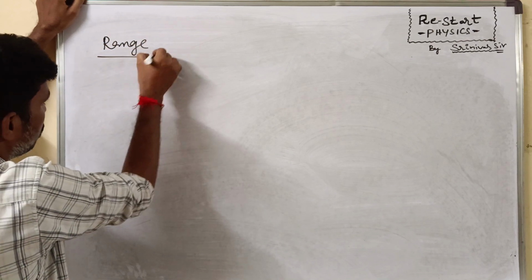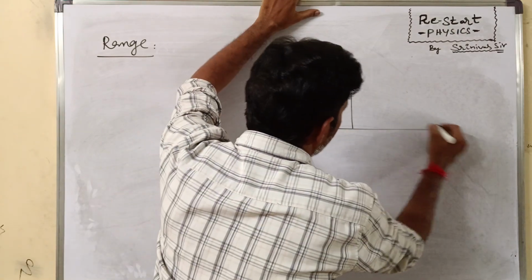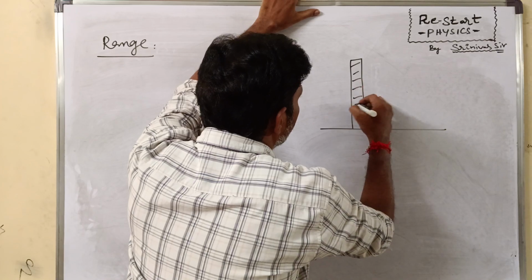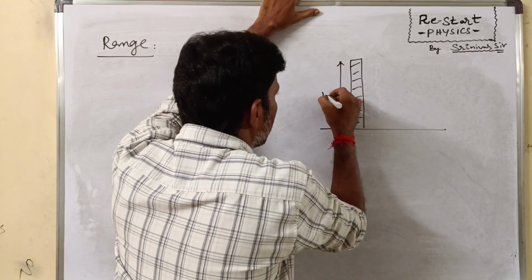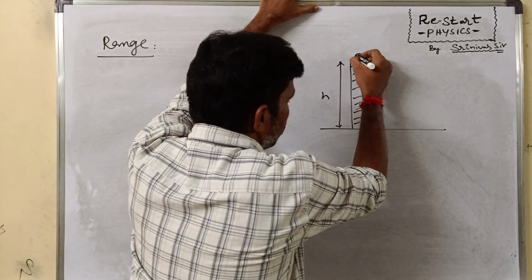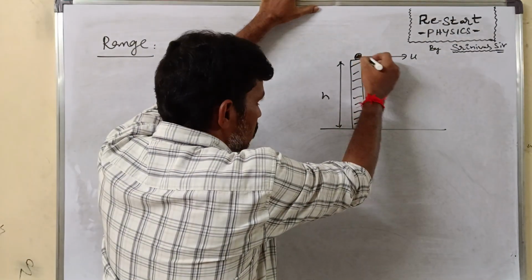So the range of the projectile. The projectile is like this. At a certain height h, the projectile is projected from this point. Let us take initial velocity u, and it is moving like this.